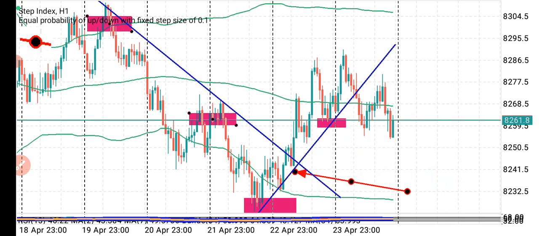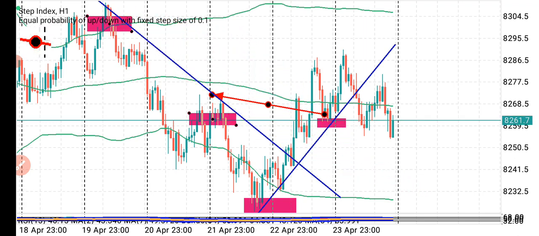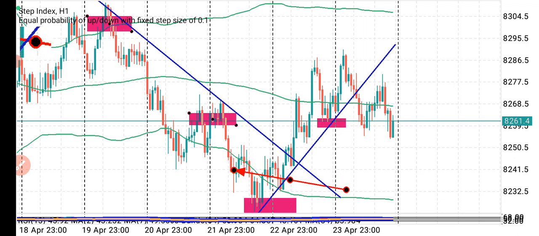So breakout is when price no longer respects the trend line as support or resistance level. As you can see, in a downtrend, the trend line serves as a dynamic resistance because price is moving towards the upside. So whenever price hits the trend line, it reverses back to the downside.